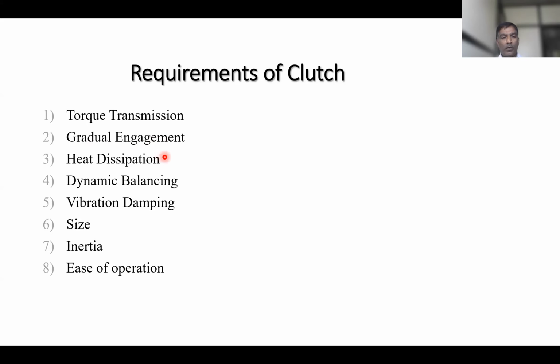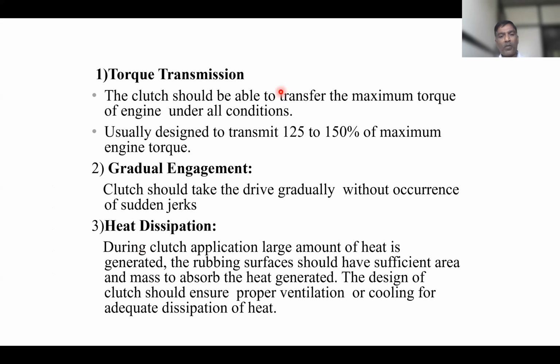Then it should have heat dissipation properties, or a construction such that it can easily dissipate the heat and not affect the operation of the clutch. Then it should be dynamically balanced, have vibration damping, be of small size and correspondingly less inertia, and finally ease of operation.